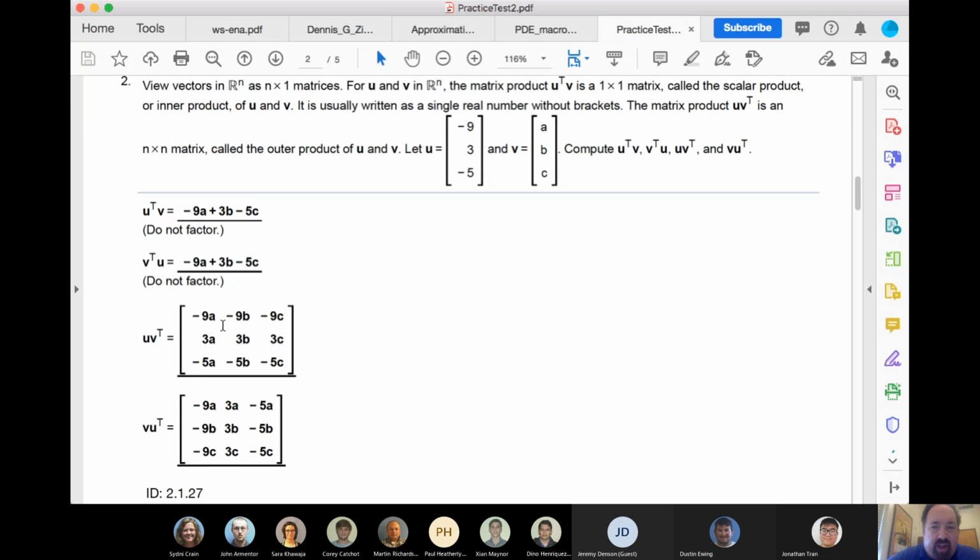But what is it multiplied by? The elements of V, which are a, b, c. So here we have U times a, U times b, U times c. Each column of an outer product is equal to the first vector times an element of the second, and you go through the elements of that second vector in order.